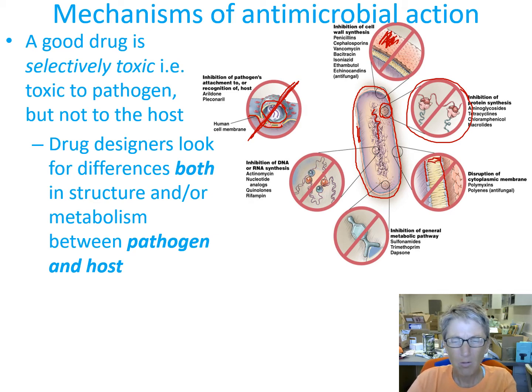You could also inhibit general metabolic pathways, and that's a little more complicated. You could also inhibit DNA synthesis. When a bacteria divides, it duplicates its DNA so that the daughter cells can each have a set of chromosomes, or a single chromosome in the case of bacteria. But you could inhibit that. Then the bacteria itself may not die, but it can't make more of itself.